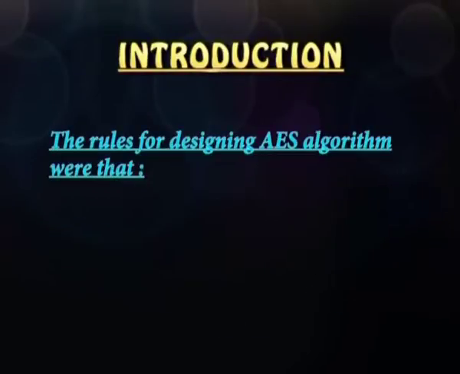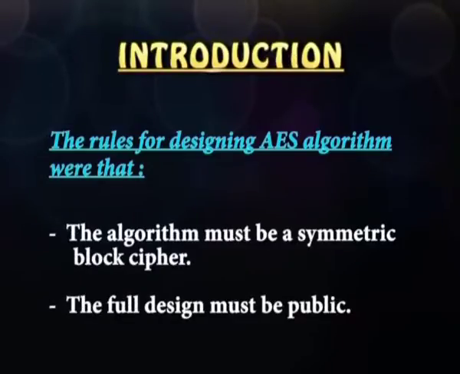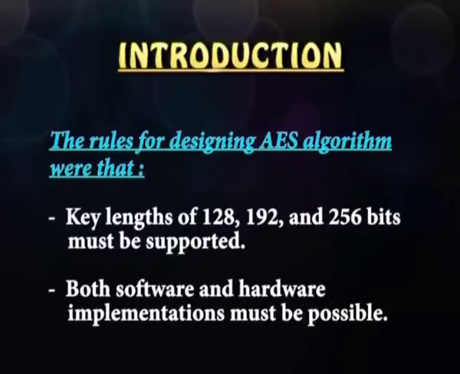The rules for designing AES algorithm were that the algorithm must be a symmetric block cipher. The full design must be public. Key lengths of 128, 192 and 256 bits must be supported. Both software and hardware implementations must be possible.